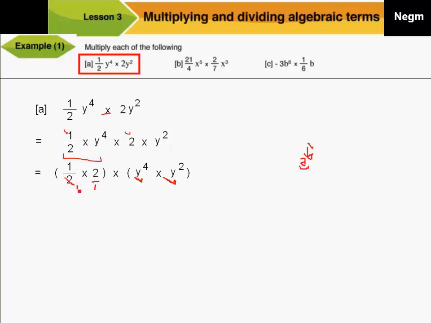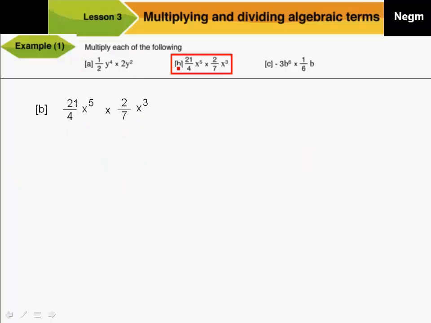This is divided by 2 is 1 and this divided by 2 is 1. So we have 1 times 1 is 1 divided by 1 times 1 is 1. 1 divided by 1 is equal to 1. We don't write 1. Here we have the same base y and this is a multiplication, so we add the indices together, which is 4 plus 2 is equal to 6.